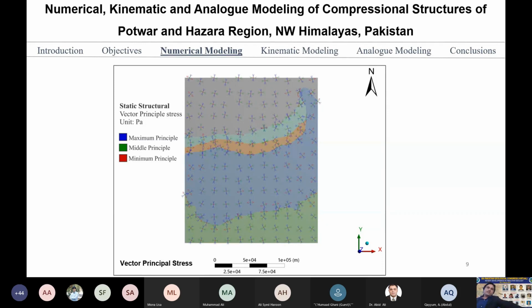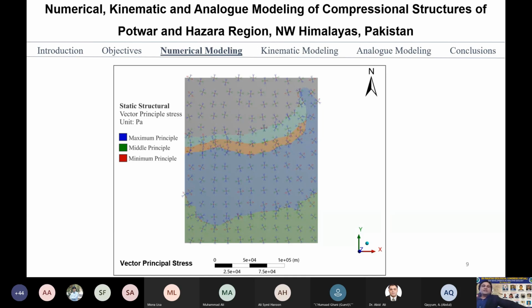It's because of the change in material property that I already showed you: above the Panjal thrust is the igneous metamorphic zone, and there the Poisson's ratio is the same, but the Young's modulus is about 100 GPa. So this stress rotation is because of the change in that material property.